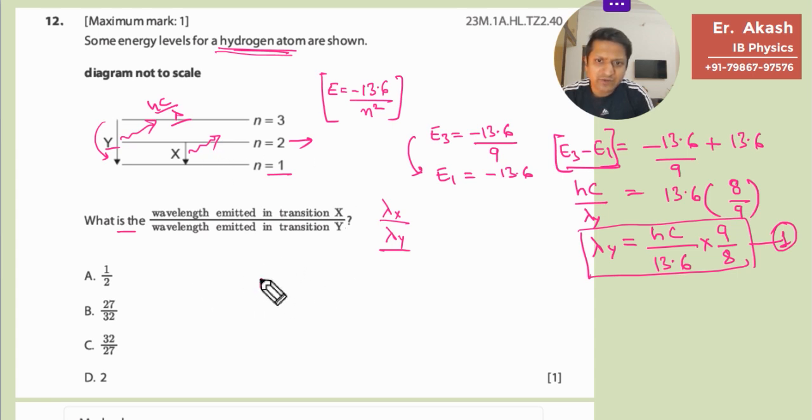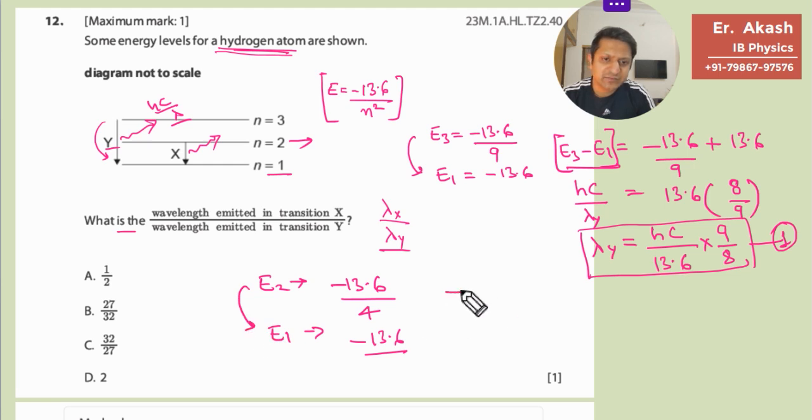So for X, now E2 will be equal to minus 13.6 upon 4, because it is n square, 2 square is 4, and E1 will be minus 13.6. So the change in the energy will be minus 13.6 upon 4, minus and minus of minus is plus, so 13.6.